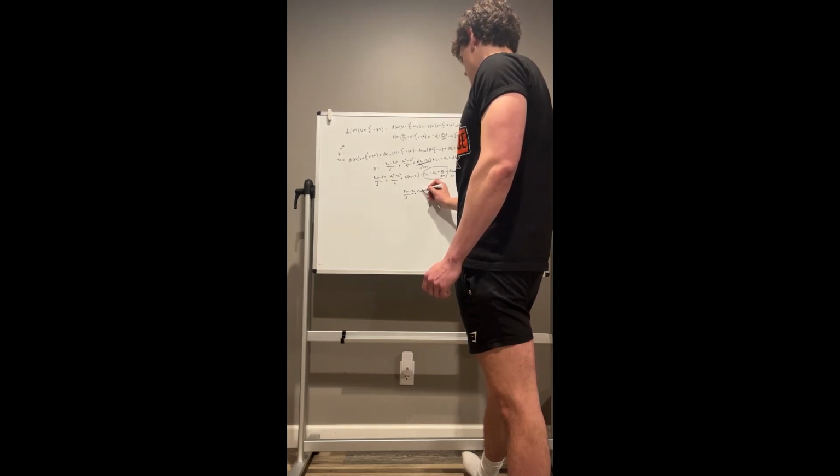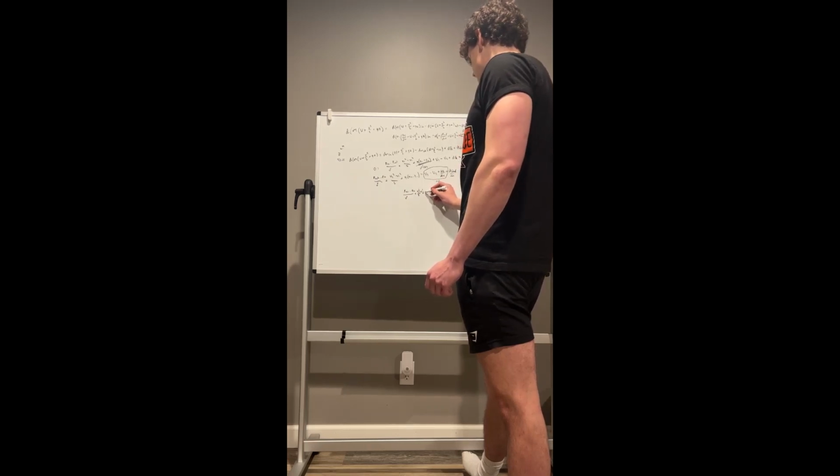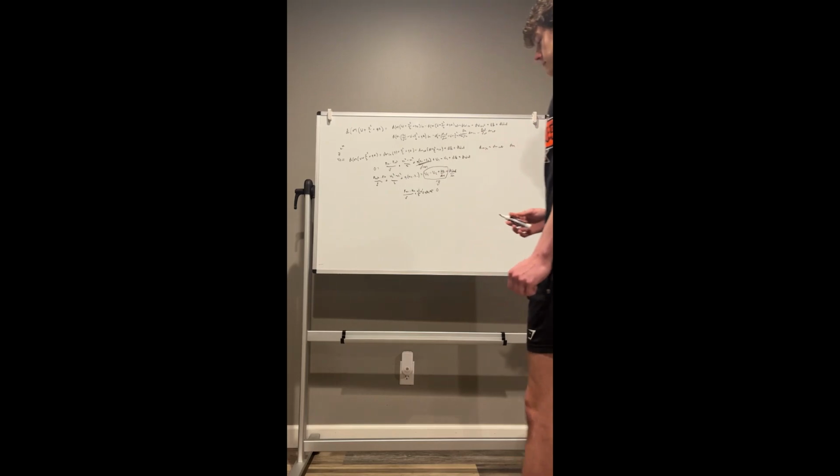V2 squared minus V1 squared over 2 plus G times Z2 minus Z1. All right.